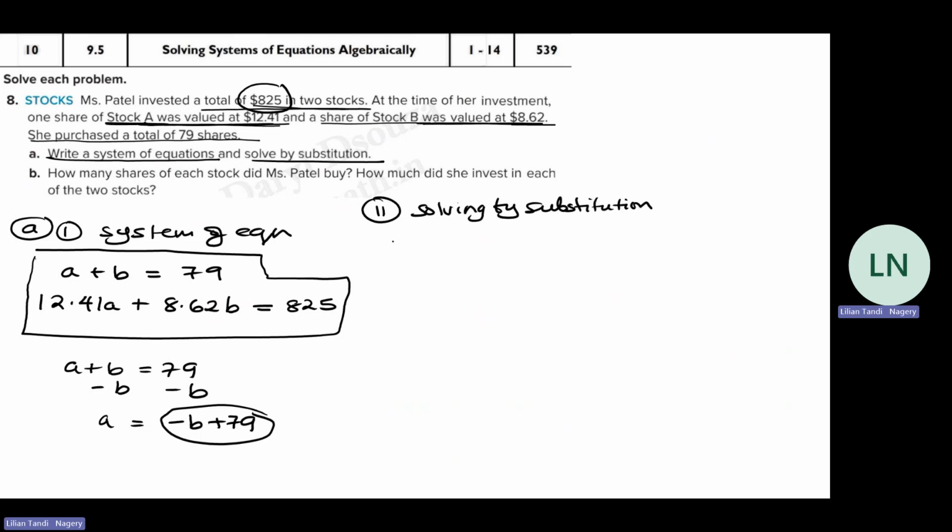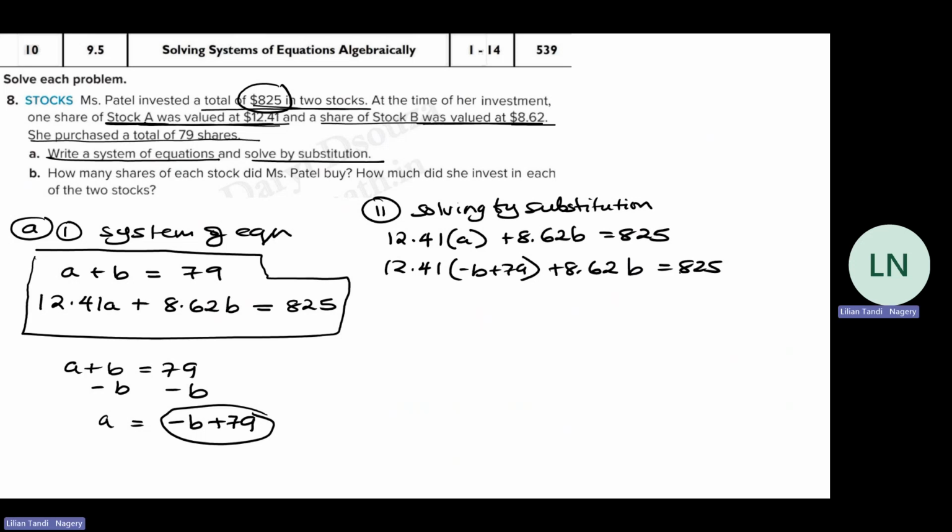So I will write 12.41 bracket A plus 8.62B equals 825. 12.41 times negative B plus 79 plus 8.62B equals 825.